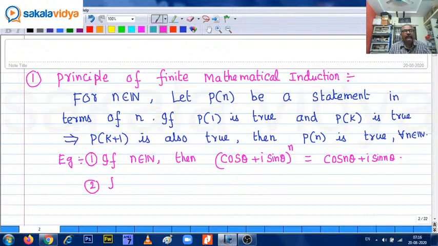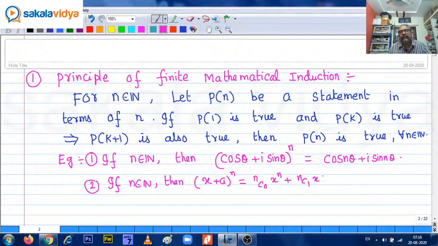Even if n belongs to N, then (x plus a) to the power of n equals nC0 x to the power of n plus nC1 x to the power of n minus 1 a plus nC2 x to the power of n minus 2 a square plus and so on, plus nCn a to the power of n.